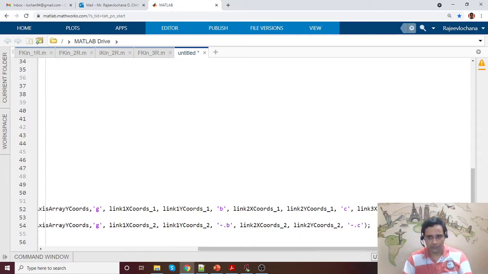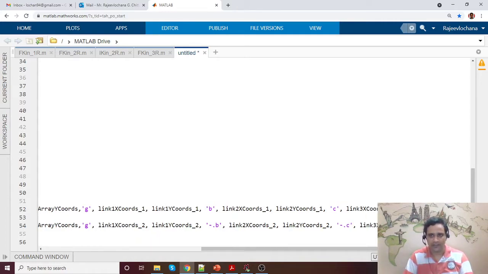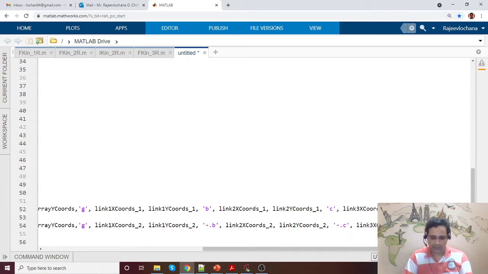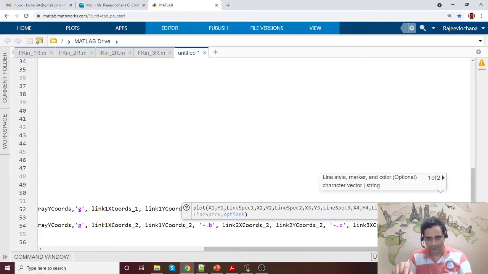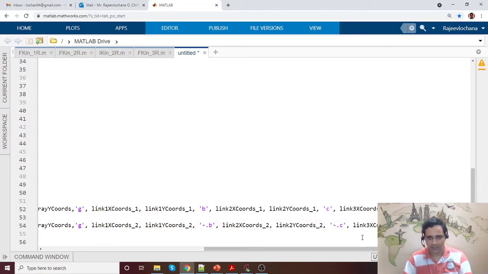Similarly in the second solution, elbow down or elbow up depending on what we take, we'll have a dotted dash dot. So that means the second solution will be shown like this.